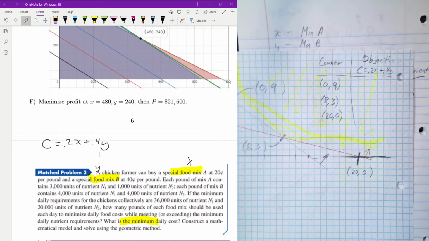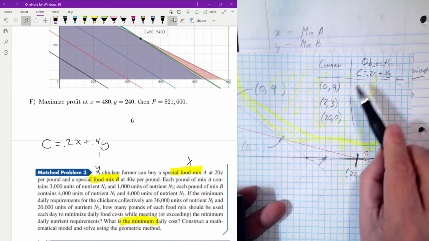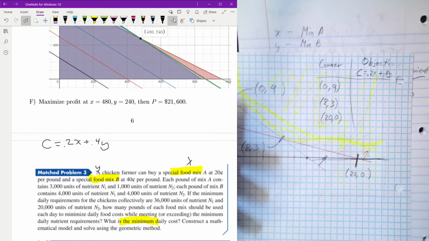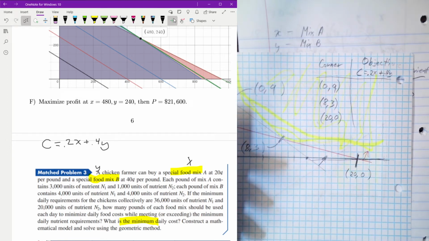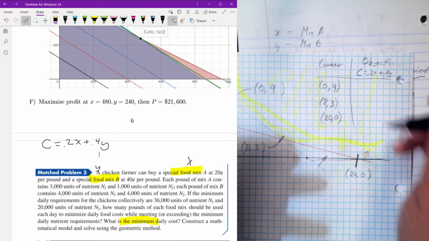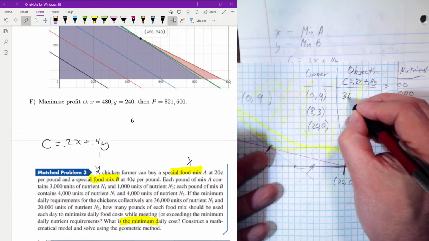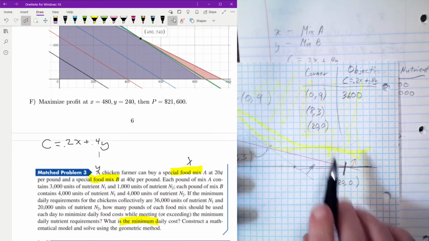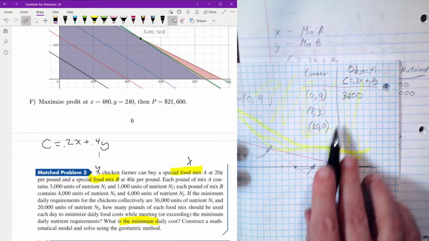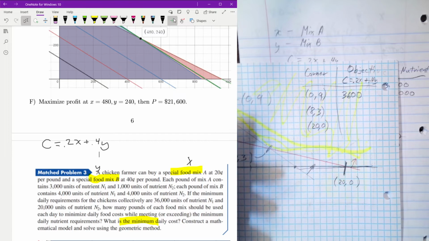Let's calculate our objective values. I'm going to need my calculator for this. So this is 9 times 0.4 times 1,000. That equals 3,600. I'm going to do the last one. That's 20 times 0.2 times 1,000.